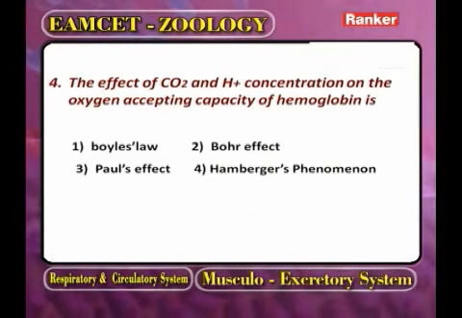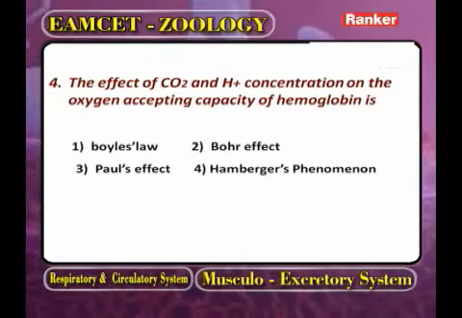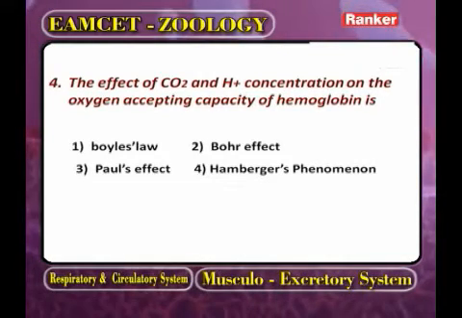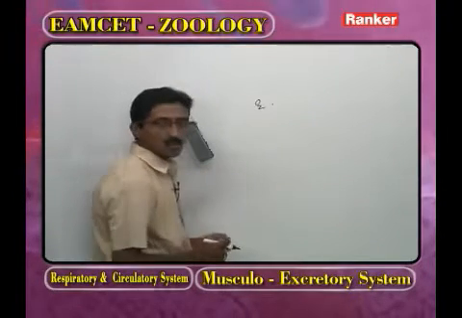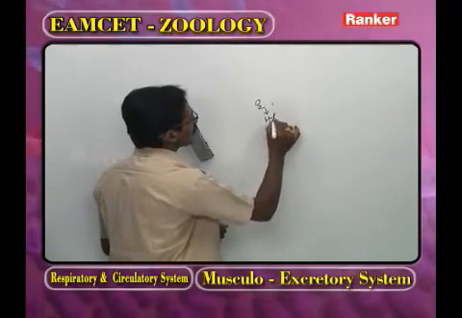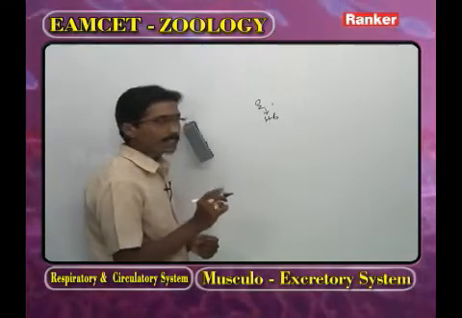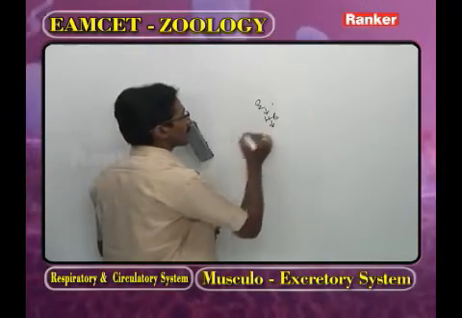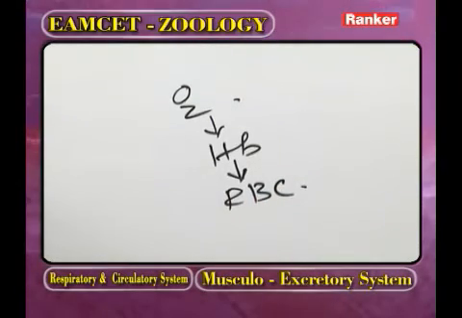The effect of carbon dioxide and H plus concentration on oxygen accepting capacity of hemoglobin. Now we know very well, as we observe the oxygen transport, the oxygen is carried by hemoglobin. In all vertebrates, don't forget it, without RBC, there is no hemoglobin.